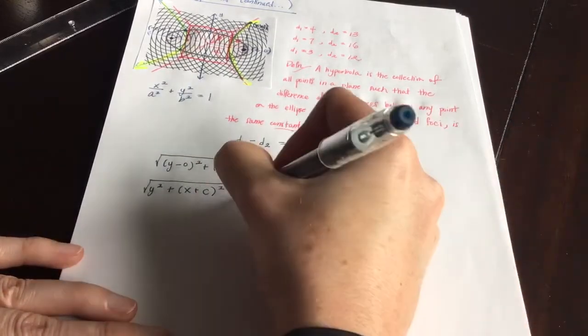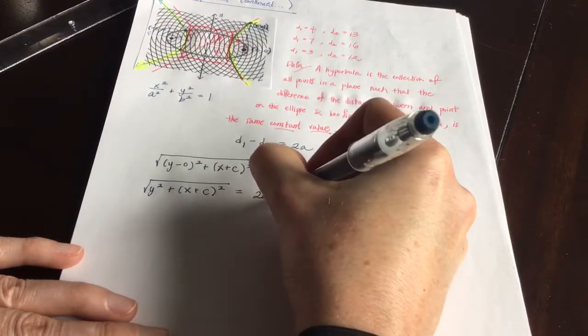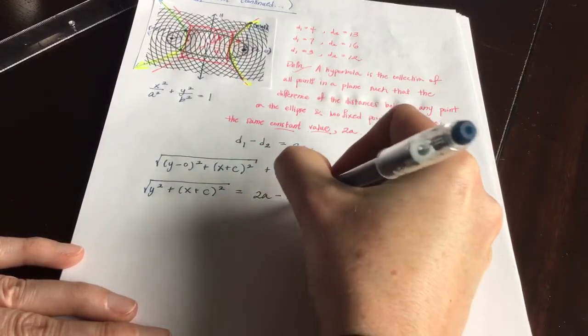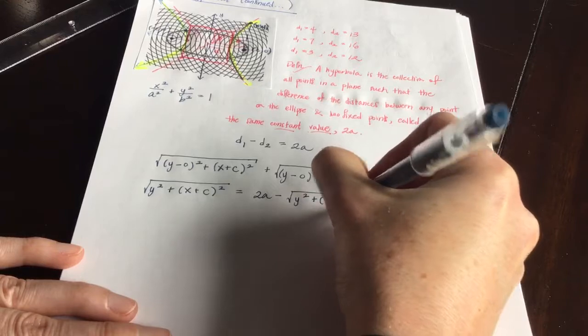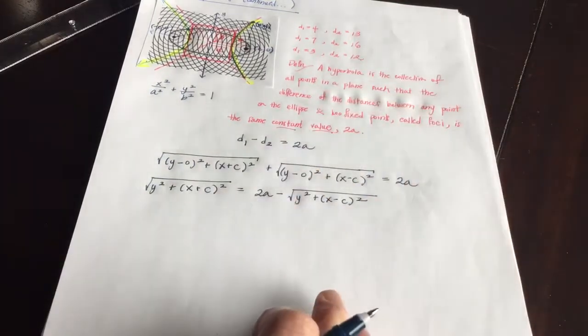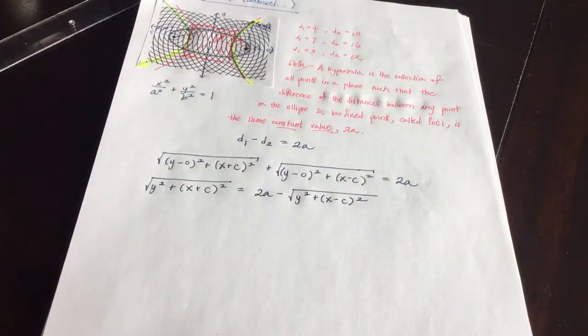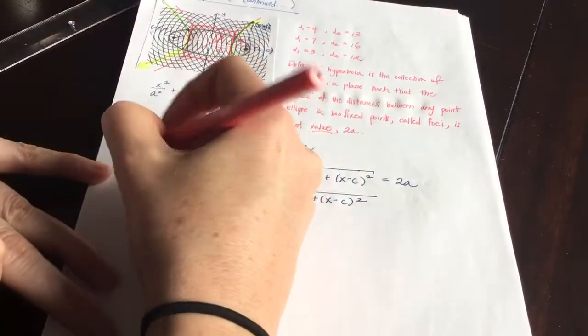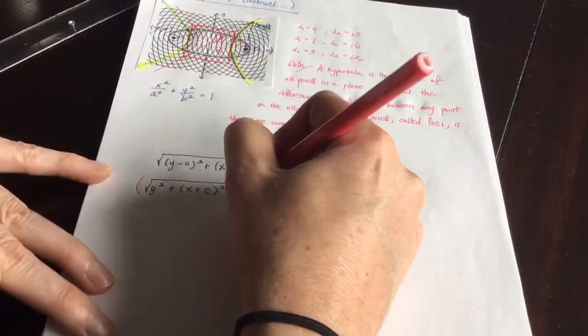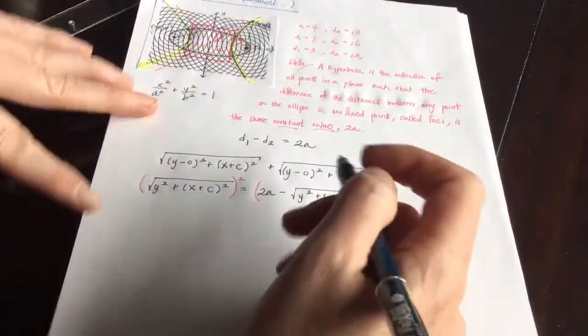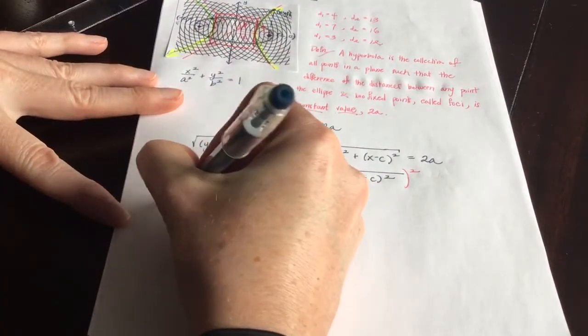Let's subtract this root over, so let's say 2a minus the square root of that root. Now let's square both sides. On the left side, it does get rid of the root like you'd like.